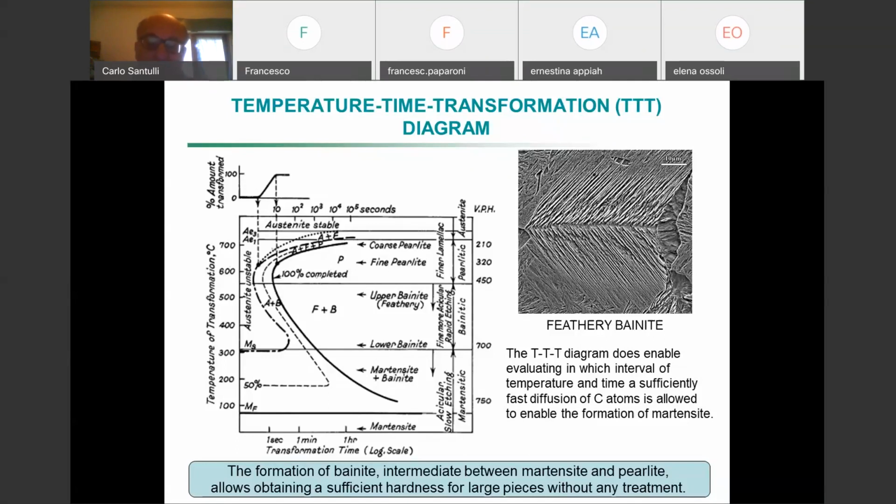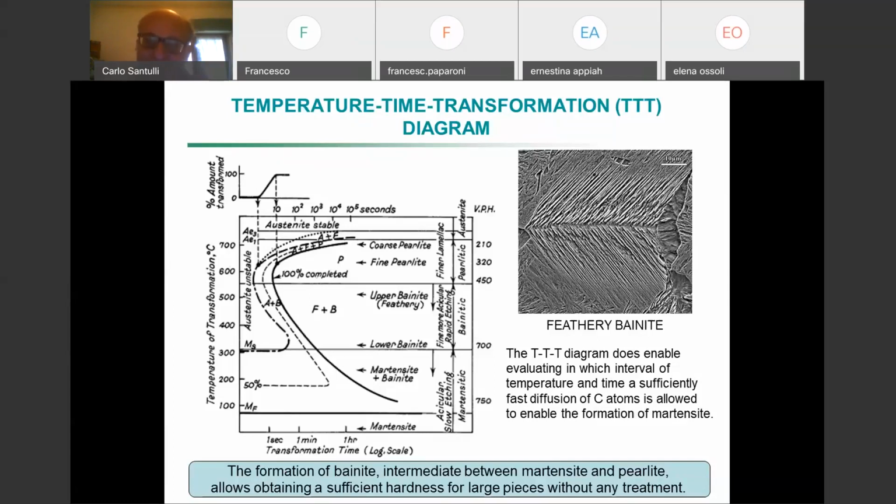And the difference between martensite and bainite is that bainite doesn't need any treatment. It gives you sufficient hardness, but it's adapted for large pieces. If you want to have a small piece which is hard, if you want to make a knife, you would need martensite. Then a knife is brittle, but it's not a problem because you don't often drop a knife.